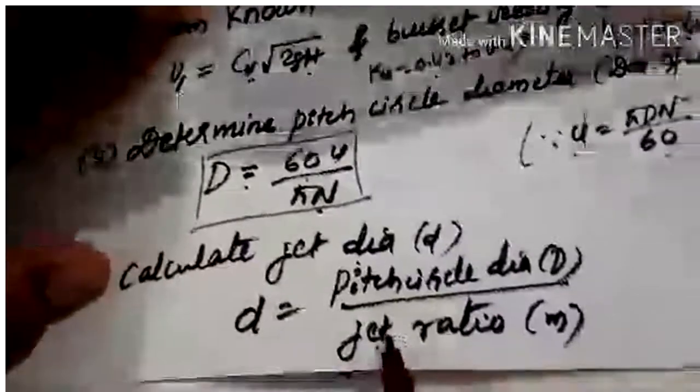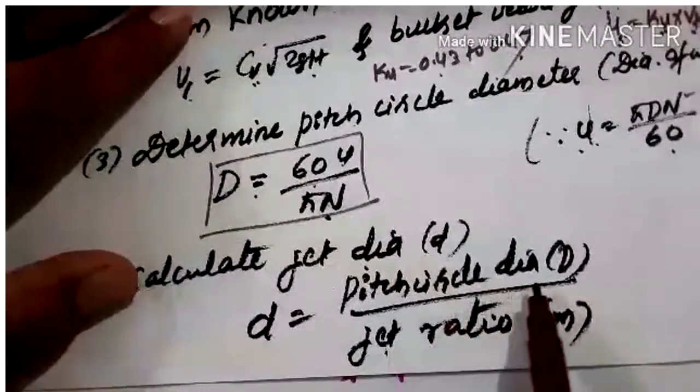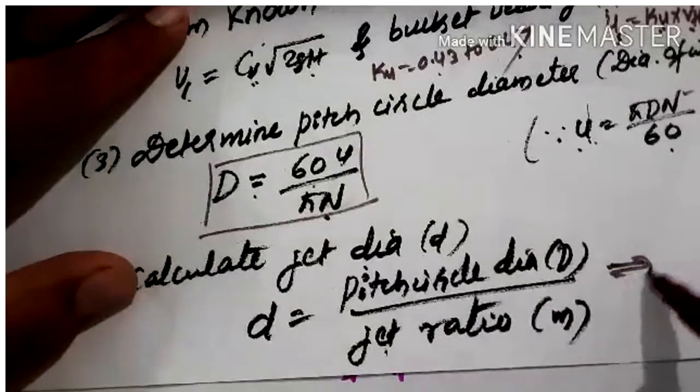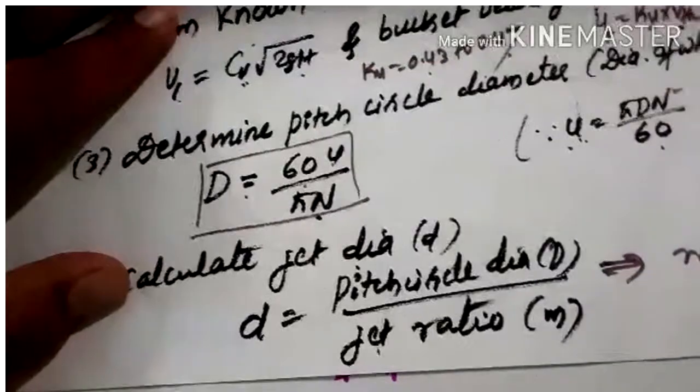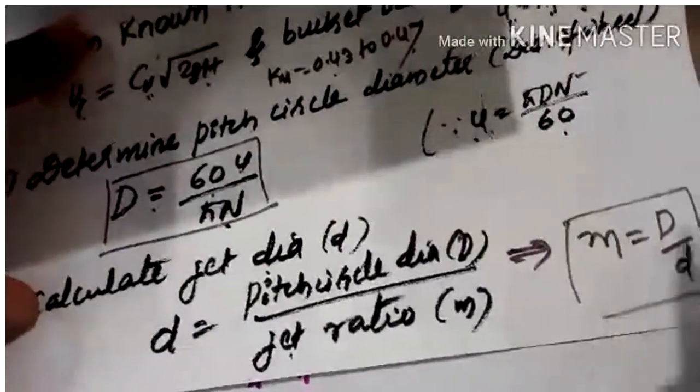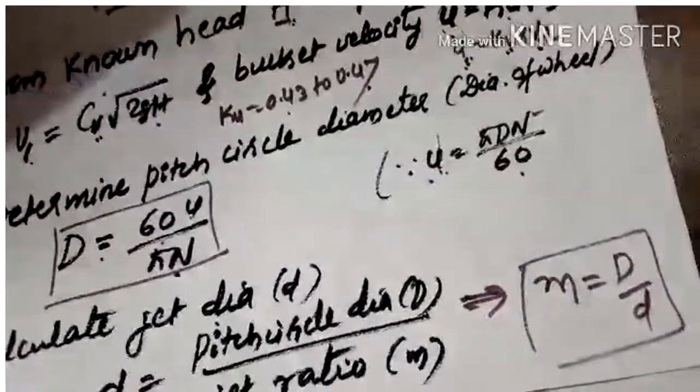The diameter of the jet is to be calculated by using the formula, that is a ratio between the pitch circle diameter to the jet, the jet ratio. As we know, the jet ratio will be D by d, that is the diameter of the wheel divided by the diameter of the jet gives you the jet ratio.